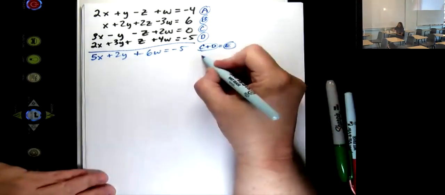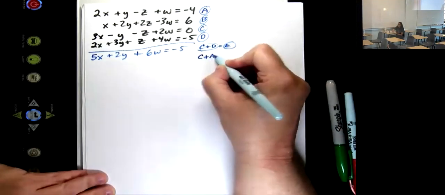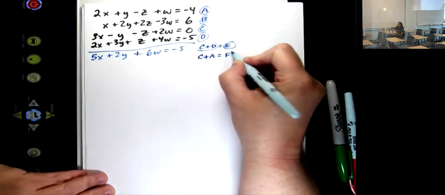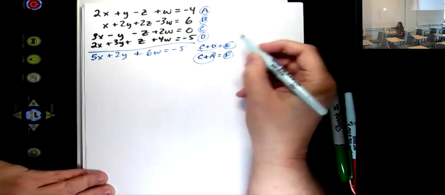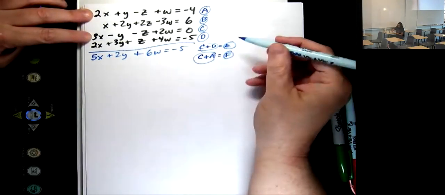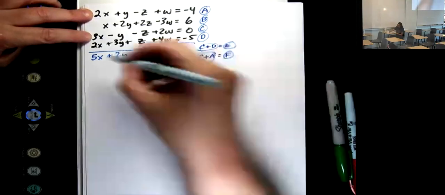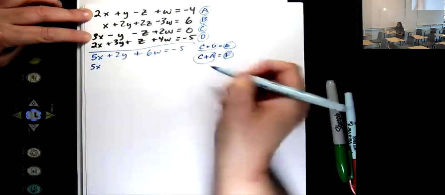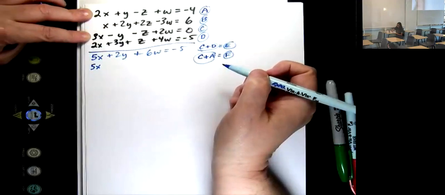Looks like adding together C plus A is pretty easy too. We'll call this new one F. C plus A is 2x plus 3x is 5x. Oh, this has got a bonus. Wait, why am I doing C?